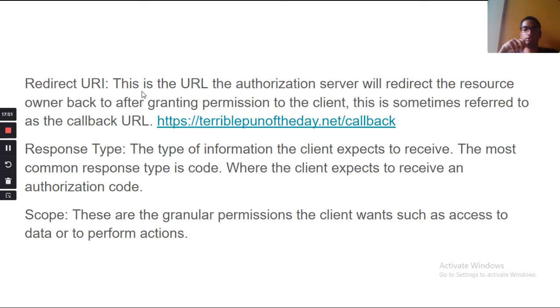Redirect URI. This is the URL the authorization server will redirect the resource owner back to after granting permission to the client. This is sometimes referred to as the callback URL.